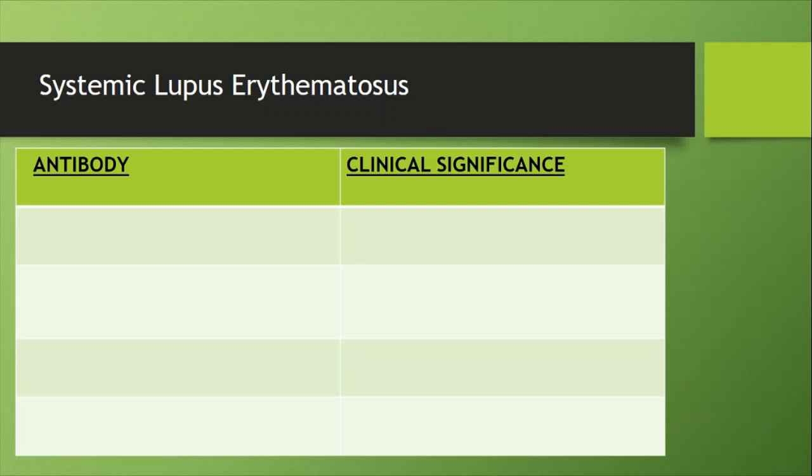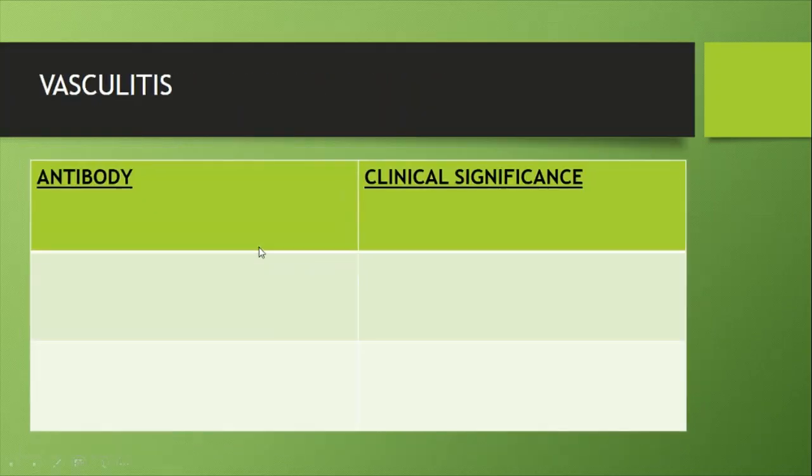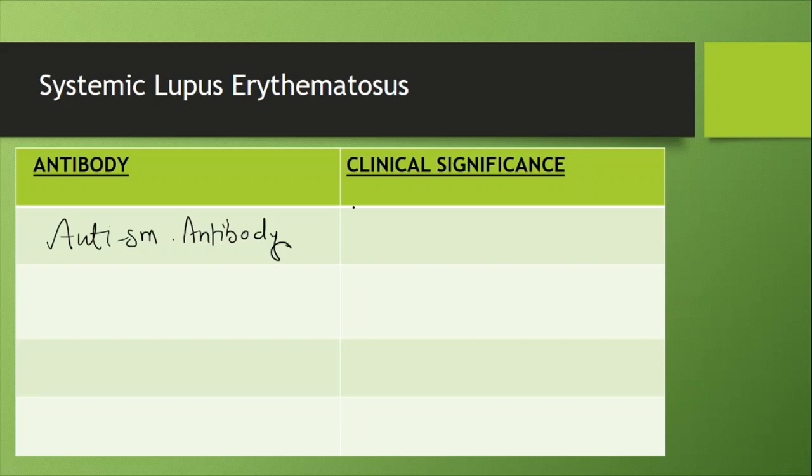The first lupus group disorder is going to be systemic lupus erythematosus. So let's quickly fill out the tables and everything is simply sorted. The first antibody I want you to know is anti-Smith antibody. We already know that anti-Smith antibody is basically the most specific antibody for SLE.